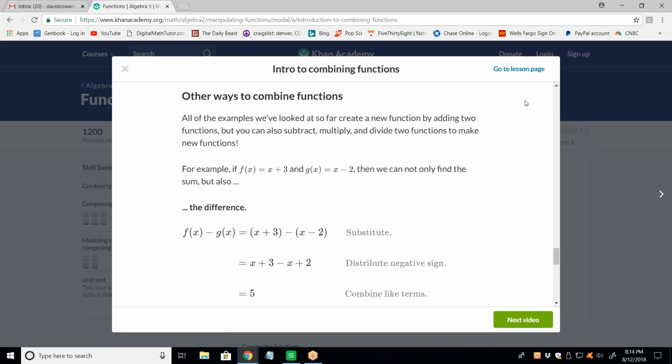All right, let's see. So you know how to subtract functions. Now, see where my cursor is? The only difficulty with this subtraction is that negative sign that I'm pointing at has to be applied to both terms. So it becomes minus x plus 2.